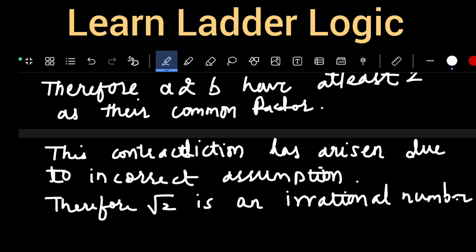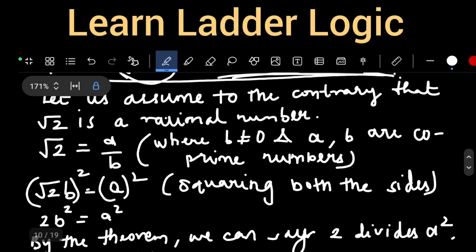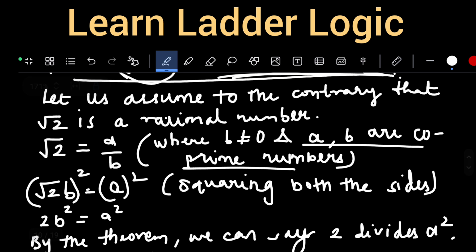Here, why did this contradiction show that it is an incorrect assumption? Because in the starting, we had written that a and b are co-prime numbers, and I explained that co-prime numbers are those numbers which cannot be simplified further or which just have 1 as a common factor.